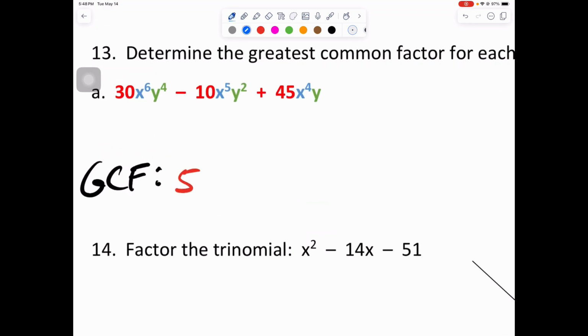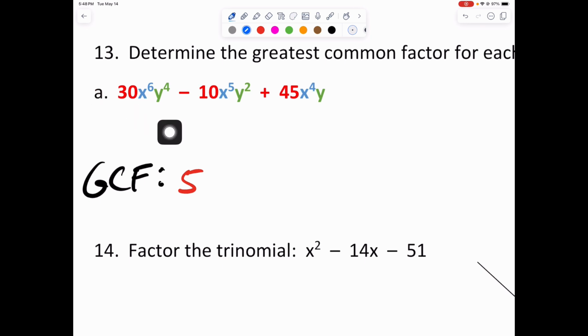All right, now I'm going to zoom in real tight here. We have x to the 6th, x to the 5th, and x to the 4th. Well, we need to figure out how many x we can take from all of them. Well, if I try to take x to the 6th away from x to the 4th or x to the 5th, there's too many. I couldn't even take away that much. But I can take away x to the 4th from all of them.